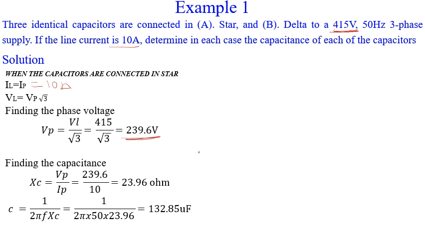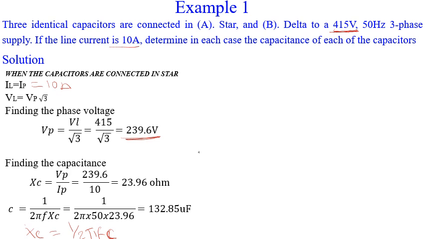After doing that, we now calculate the value of the capacitor. They said we should calculate the value of each of the capacitors. How do we calculate it? Xc is equal to 1 over 2 pi f C. Making C the subject, we get C equals 1 over 2 pi f Xc.